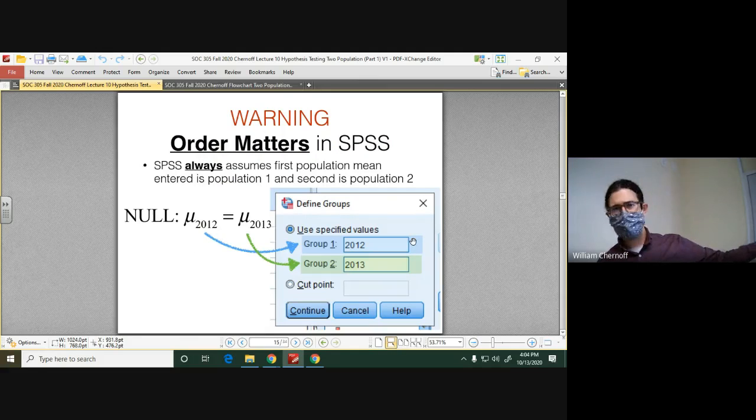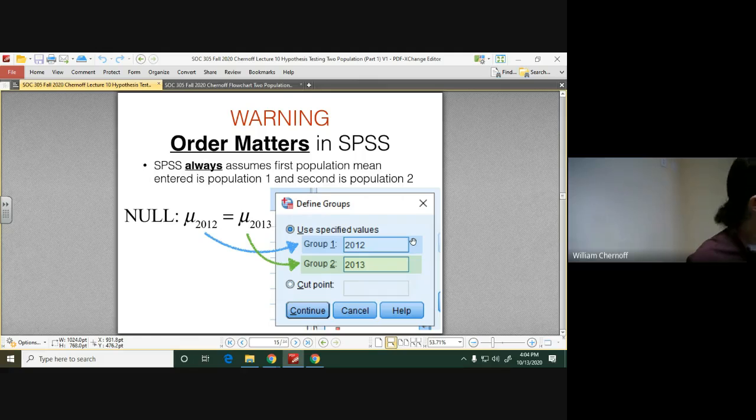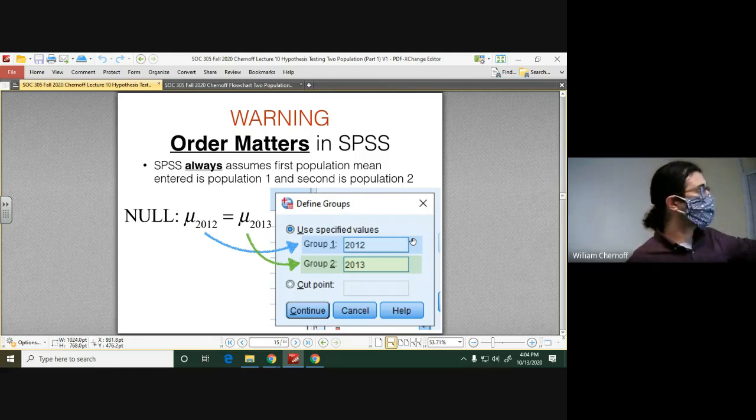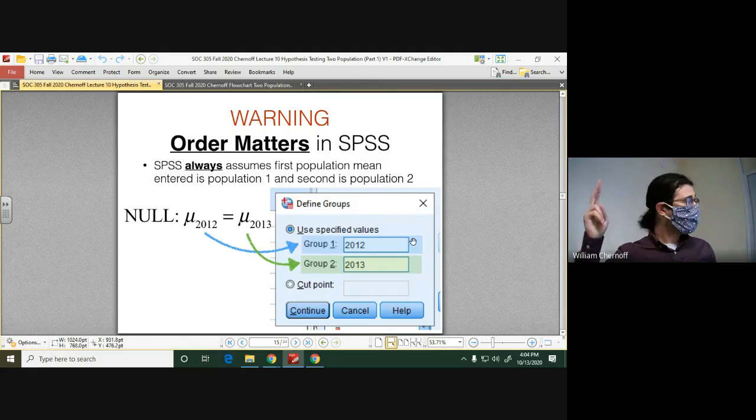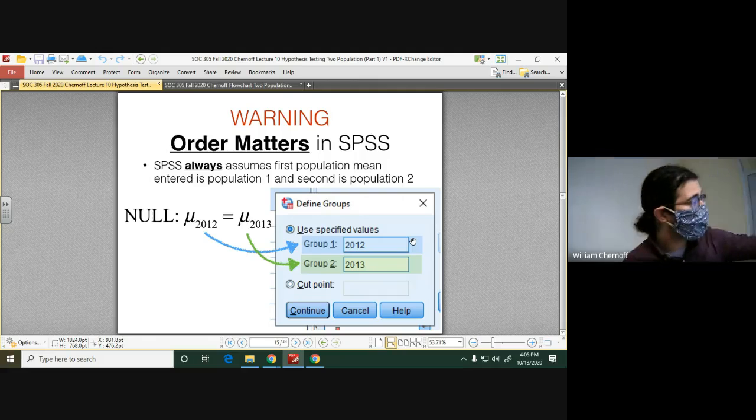So here's how it works. You might have a null hypothesis like this: the population average recidivism for 2012 equals the population average recidivism for 2013. In this situation, my population 1, my group 1, is to the left of the equal sign, and my population 2, my group 2, is to the right.